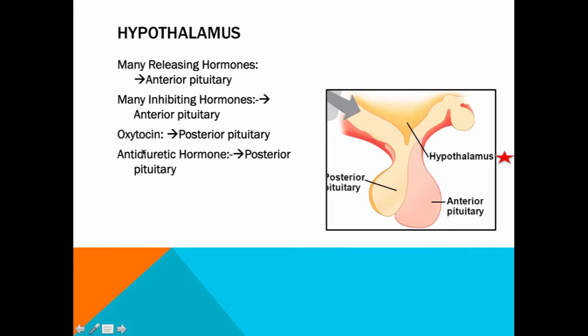So it's important for releasing hormones and inhibiting hormones, but also produces oxytocin and sends it to the posterior pituitary, and then antidiuretic hormone, and also sends it to the posterior pituitary. And these hormones, we'll learn, are actually stored in the posterior pituitary until it is time to release them.